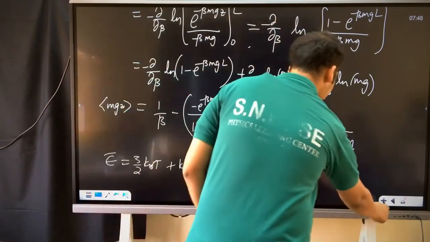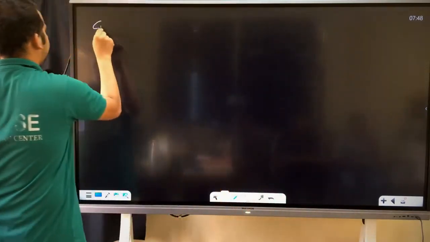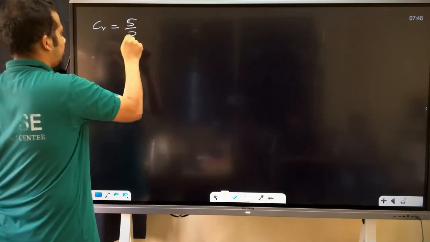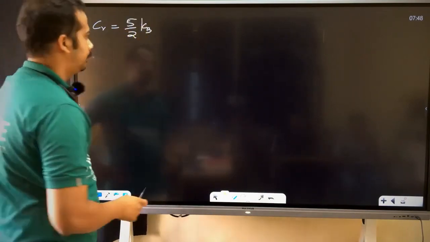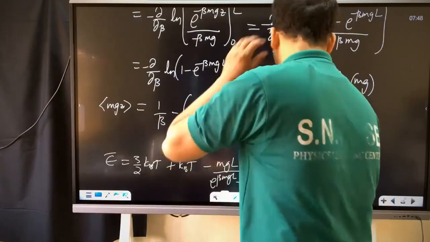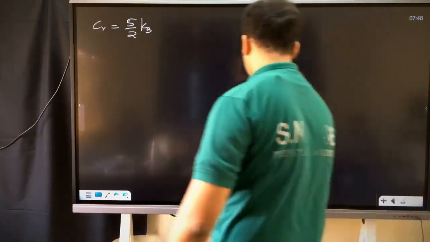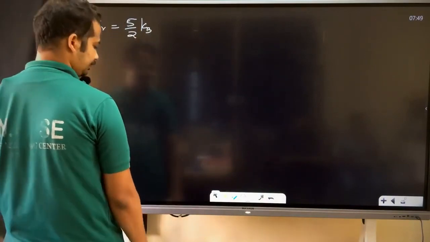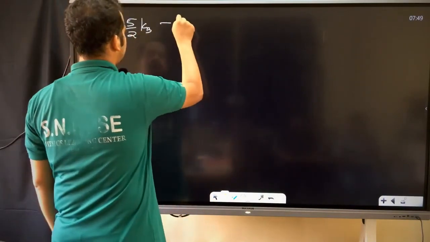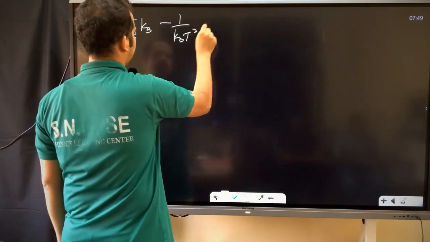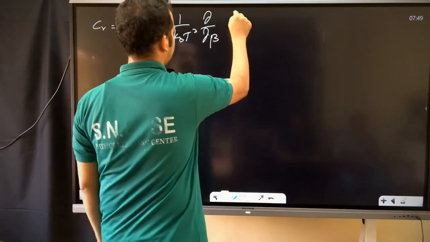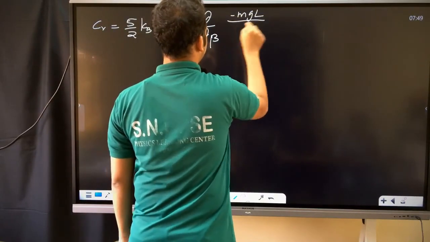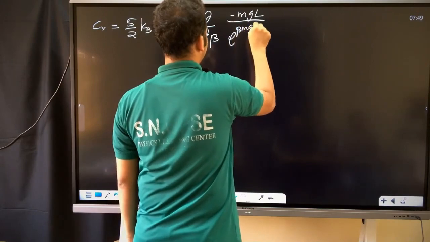So then specific heat: 5 by 2 kB, plus what is this derivative? Wait a second, I'll write like this: minus 1 by kB T square dou by dou beta of minus mgL by e power beta mgL minus 1.